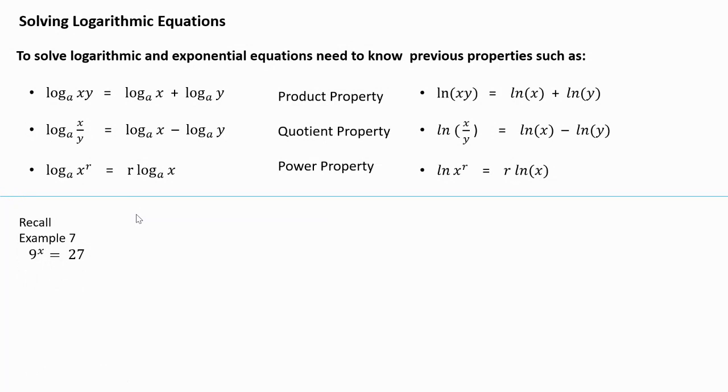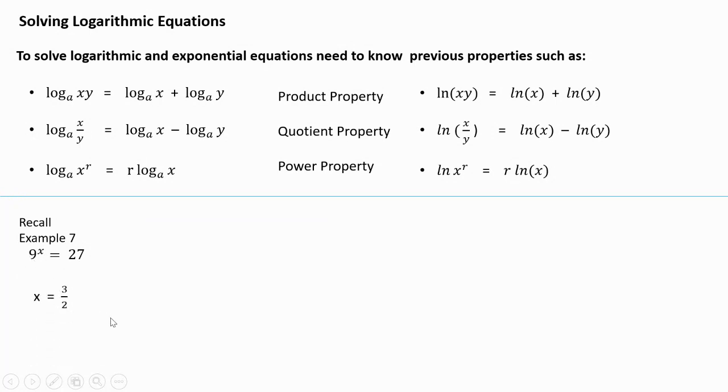So recall example number 7. You can always use log or natural log, the formulas or the properties, to solve any problem without actually knowing the bases. This is like an alternative. That's why, if you recall example 7, you had to make the common base, which was 3.